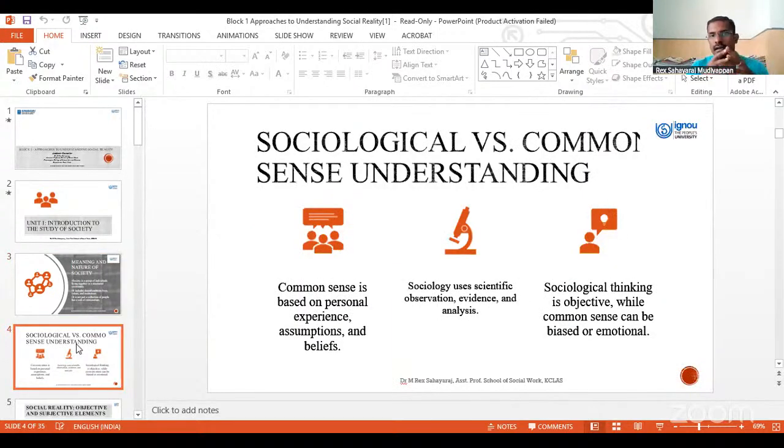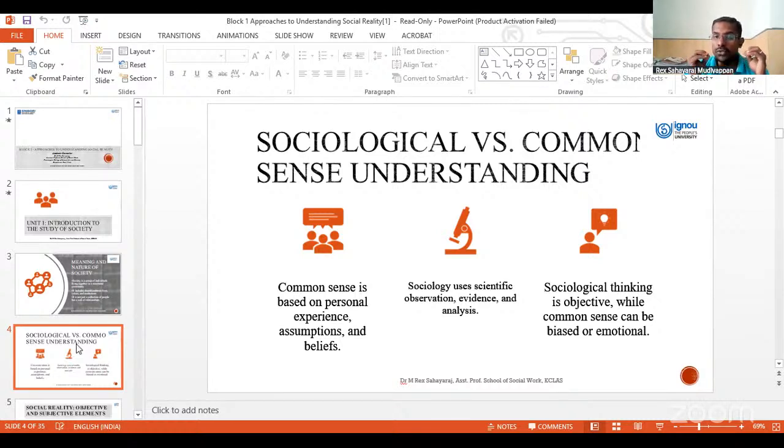We also discussed sociological versus common sense understanding. A layman's perspective understands society or sociology in a different way. They say this is a group of people or something like that.